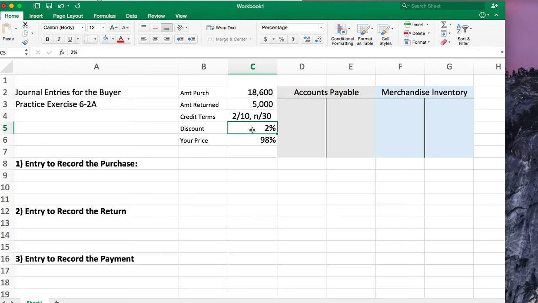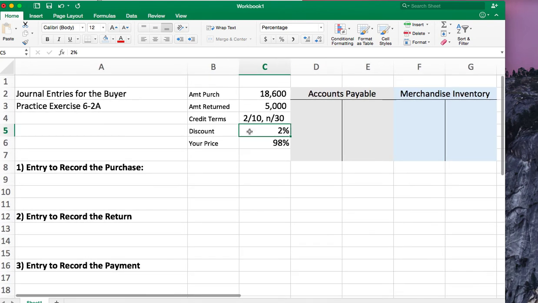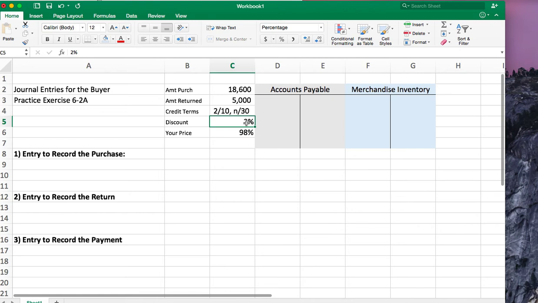Well, in this chapter, we assume that the buyer will always take advantage of the discount. Now, you know that if the purchase price is 100% and we can save 2%, that means that my purchase price is 98%. So we're going to use 98% to calculate the numbers needed for these journal entries.